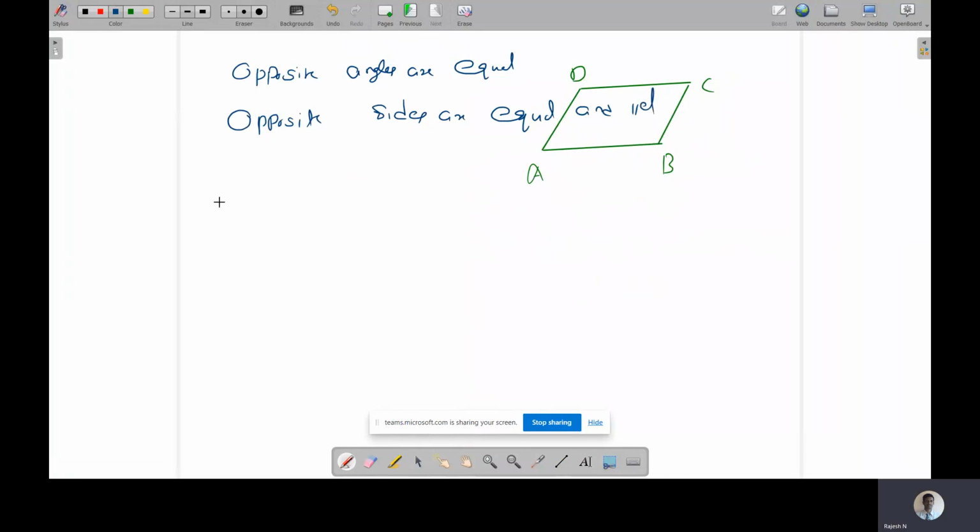Then adjacent angles are supplementary. Supplementary means 180 degrees. So angle A plus angle B is 180 degrees. These are properties of a parallelogram.